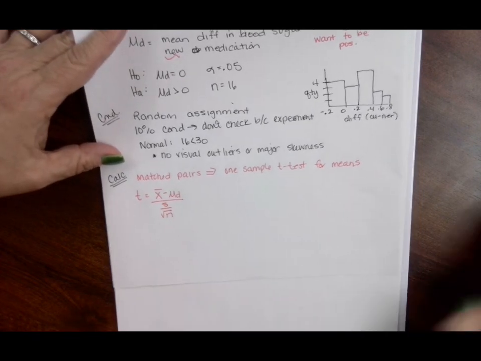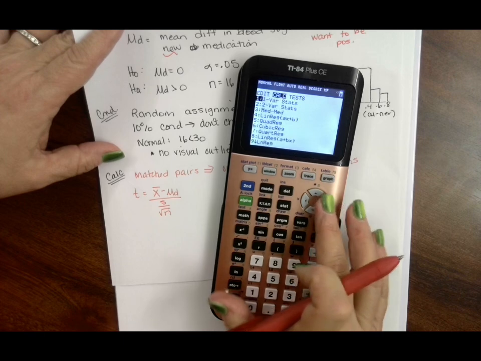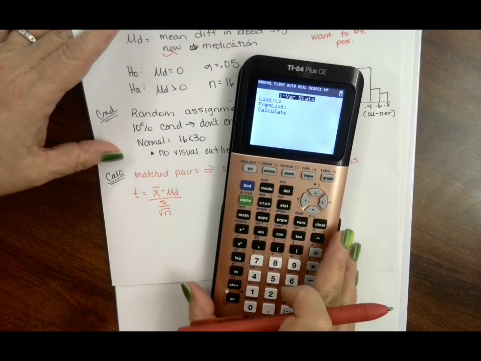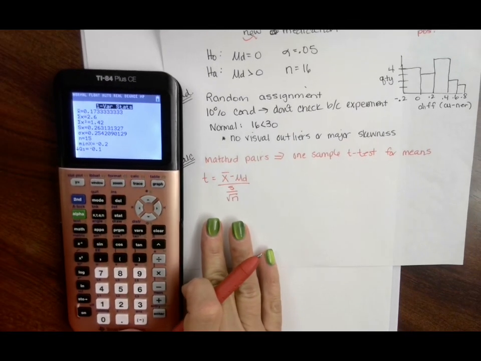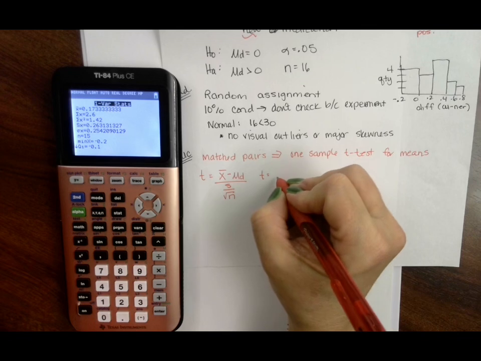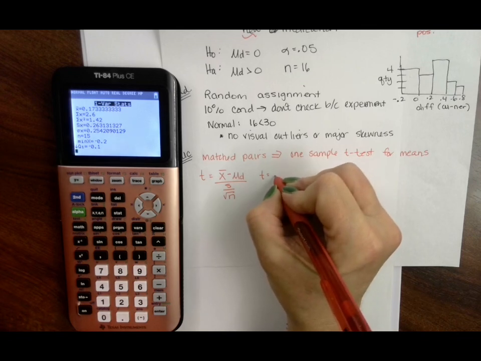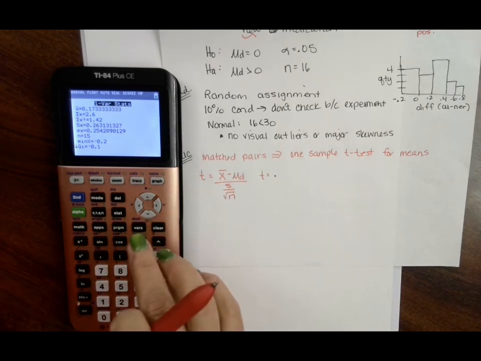Now, I've got all this data in my calculator already because I already listed it as a list, so I'm going to go in here and do a 1 vars. And now I'm just going to pull this data right over here into my formula. So my t-value is going to be... hold on. Something doesn't look right.